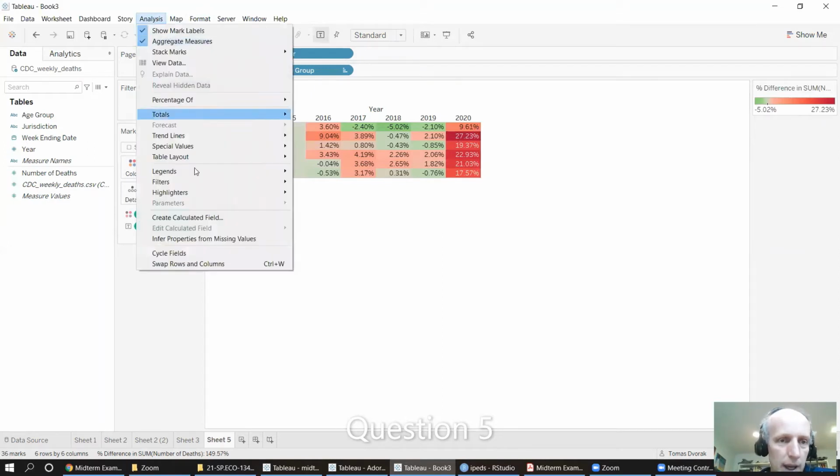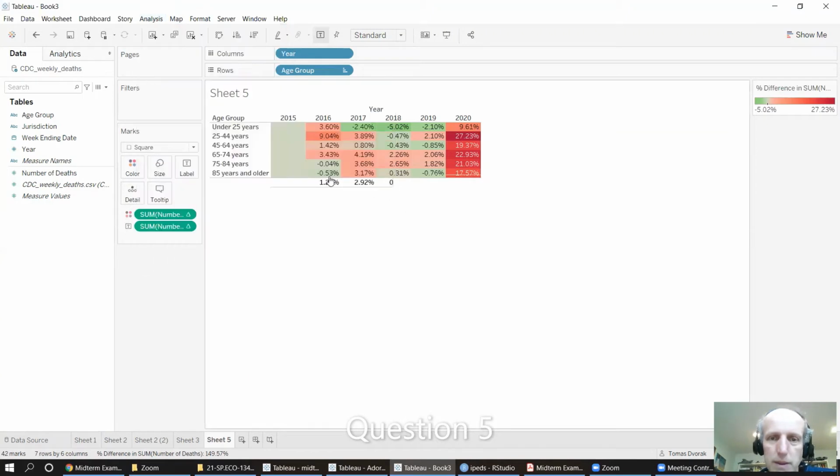We can certainly add column totals. So we, oops, why did it do it this way? Oh, yep, there it is. So we can see that in 2020, deaths actually increased 20%, which is unprecedented. It hasn't happened in any other year across age groups.